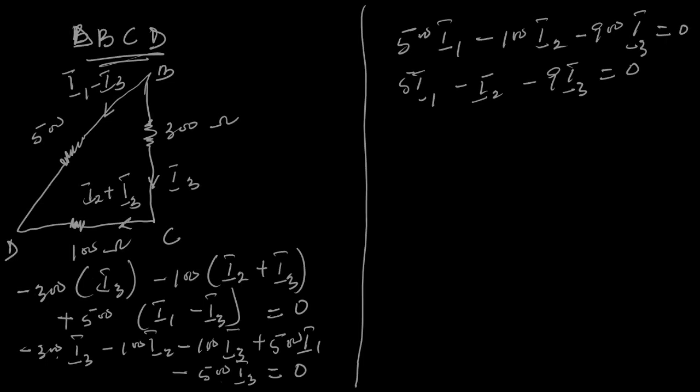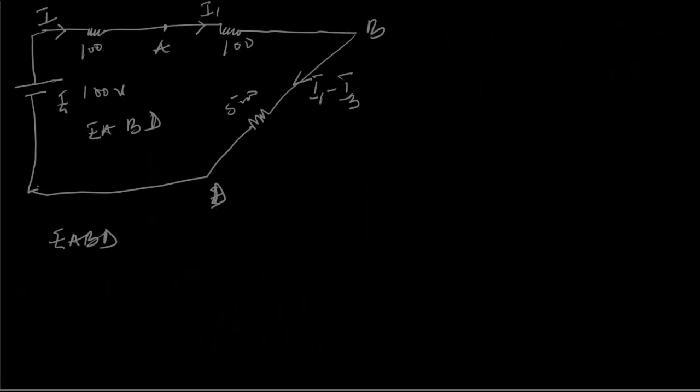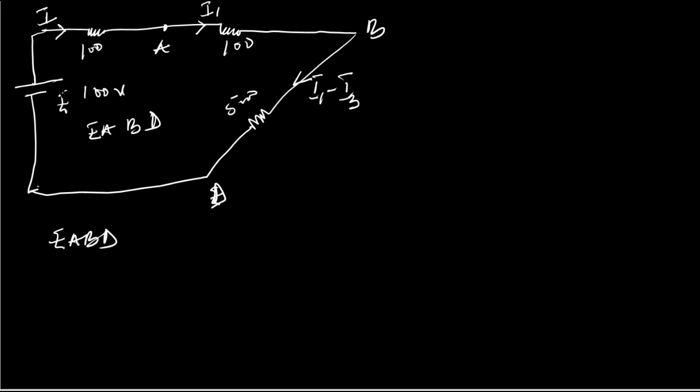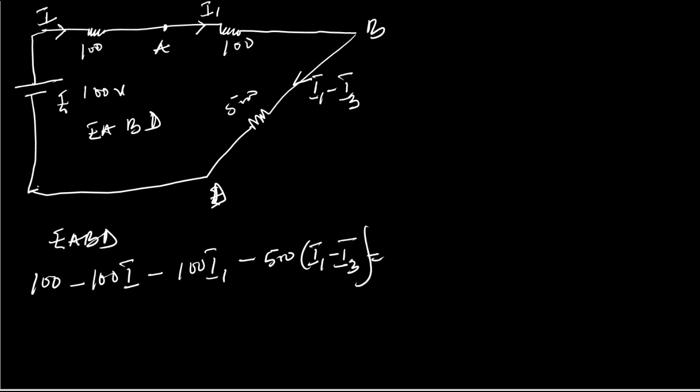Now let's take the last loop. Considering loop EABD, from E, I have 100 volts minus I will flow through as 100 I minus 100 I1. From the node A, I have I1 flowing from node A minus 500 times I1 minus I3 equals 0.